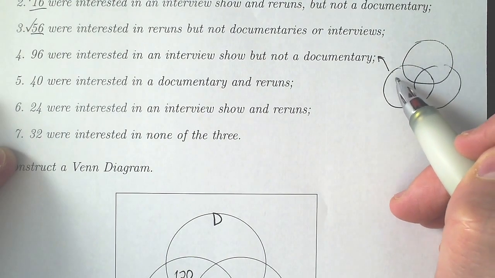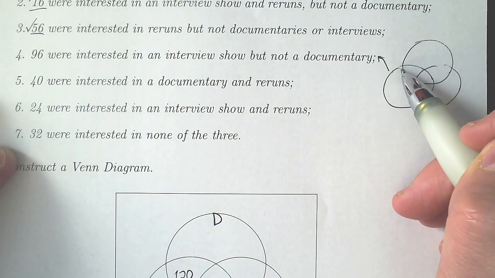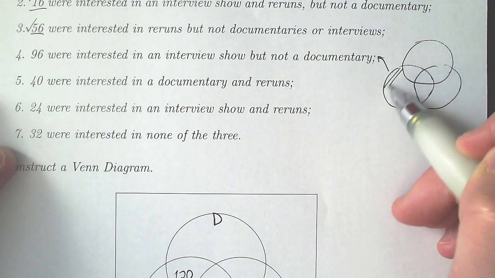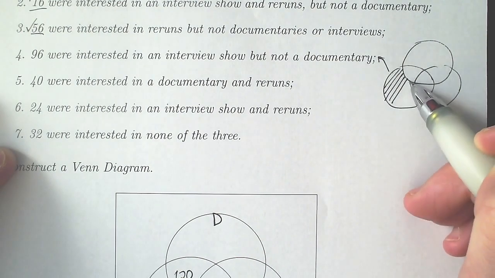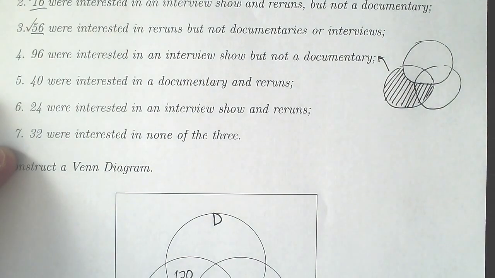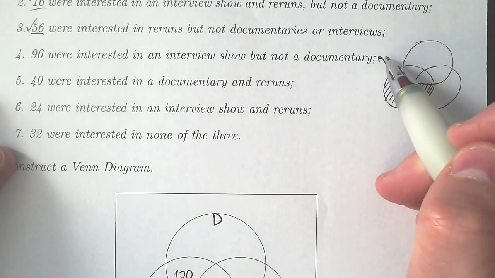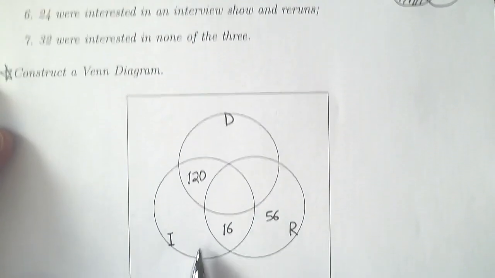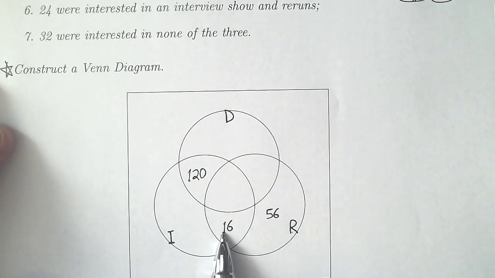They're interested in the interview show, but not the documentary. So if I was shading this in like we did a couple of sections ago, they're in here. 96 people are in that part of the picture. But I already have 16 of them, don't I? These 16?